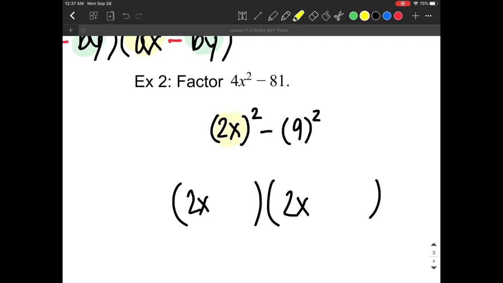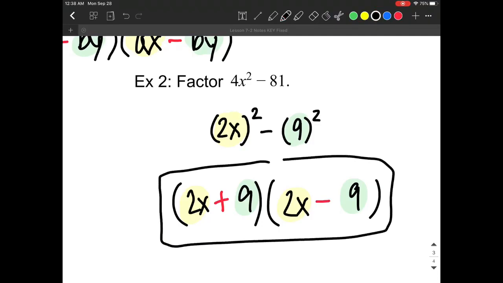That's taken from here. And my second term is 9. It's taken from here. I have addition in one of the parentheses and subtraction in the other. This is my factored form.